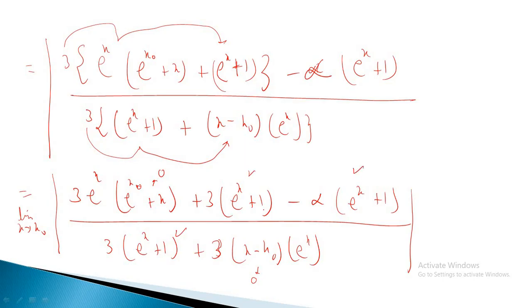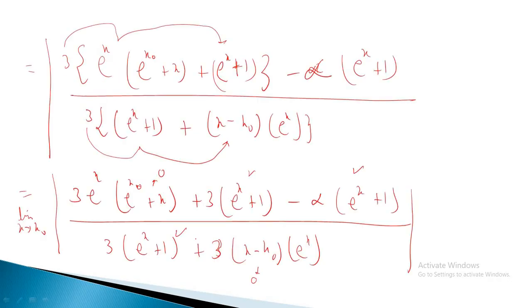Now if we put the value, we have to see what the value of alpha is, whether 2 or 3. Let us check first for 3. If we put alpha 3 here, it becomes 3 times e raised to power x plus 1 minus 3 times e raised to power x plus 1. They are the same terms, so they will cancel. So in the numerator we will remain with 0, divided by 3 times e raised to power x naught plus 1, because we have put x tends to x naught.